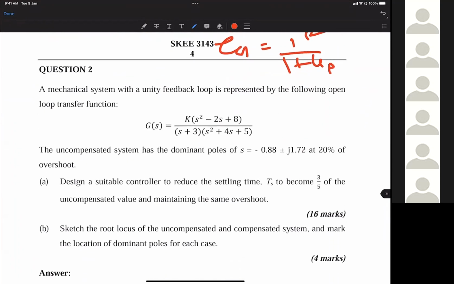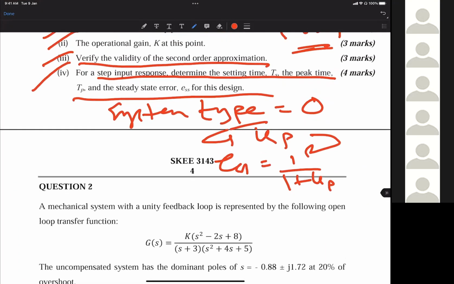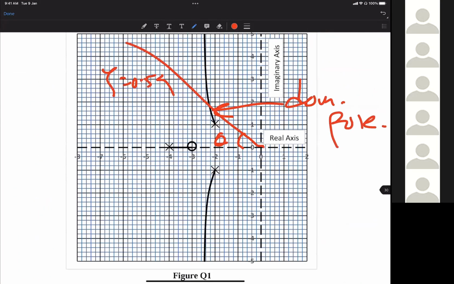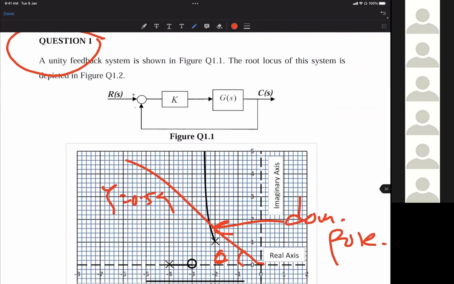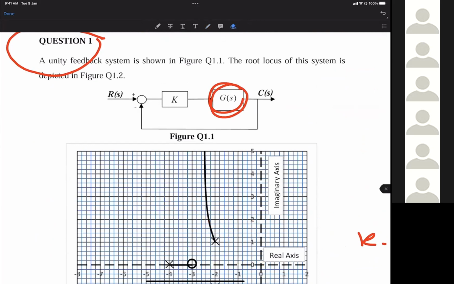Can you read question number 2? Doctor, I got a question. Is the system type 0 determined from the original equation or from the plot? This one is not given, so you have to derive it from the plot.